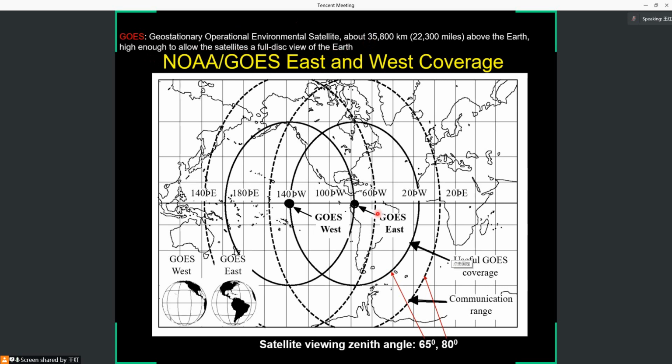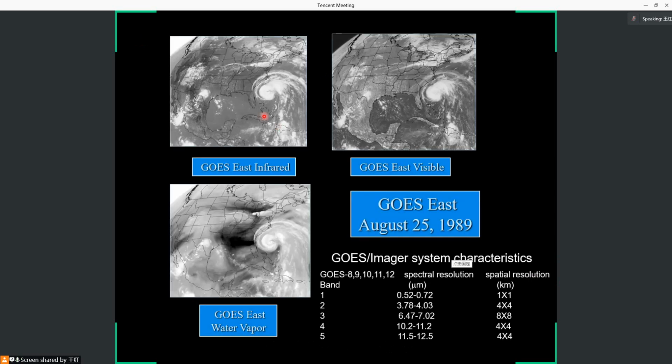So it is used for weather forecasting. Every 15 minutes we can get an image, very frequent, very quickly. You see this is the east visible infrared, and this is also the east water vapor. This is for the forecast. You see here is the typhoon, and maybe the wind and rain all come with that.